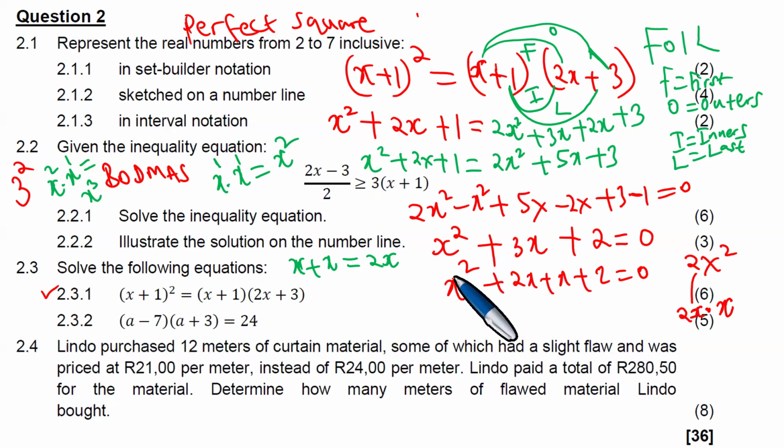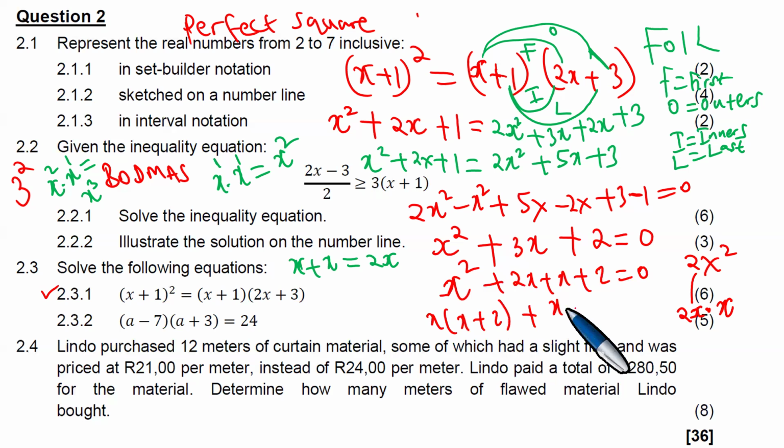Then we have the following. After this, 2x plus x is 3x. So we've been able to break down the 3x into a sum of terms. And then what we do is we factorize from these 2.